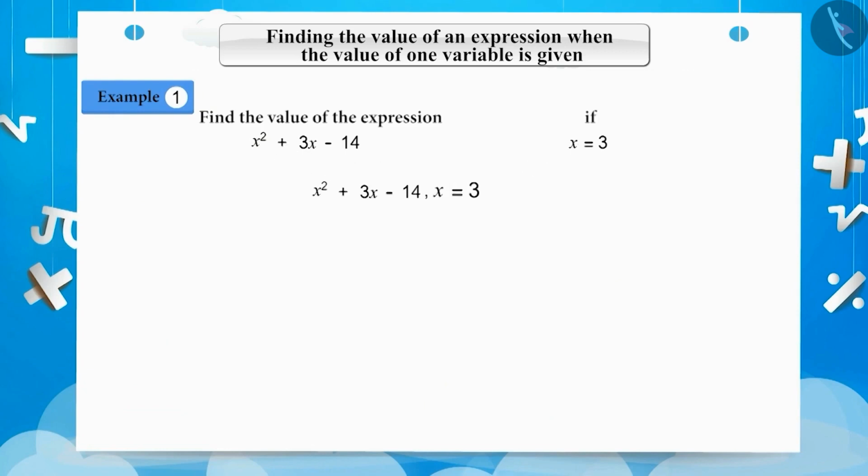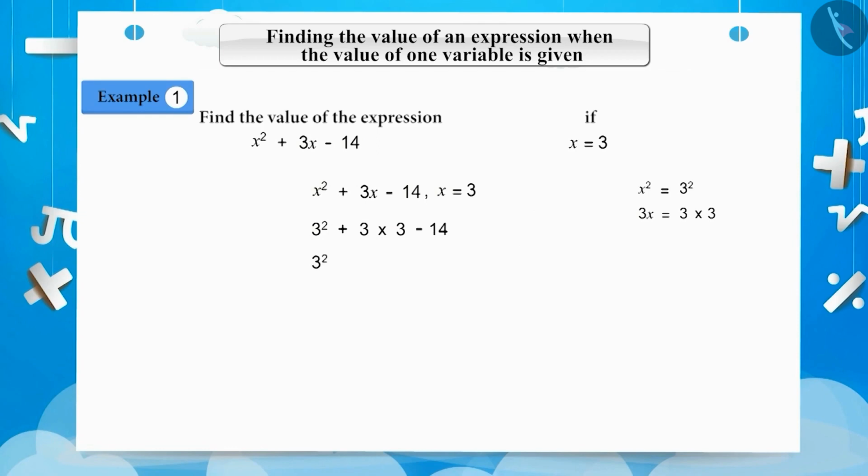We substitute x equal to 3 in the given expression. On doing so, x square becomes 3 square and 3x becomes 3 multiplied by 3. Now our expression becomes 3 square plus 3 multiplied by 3 minus 14.